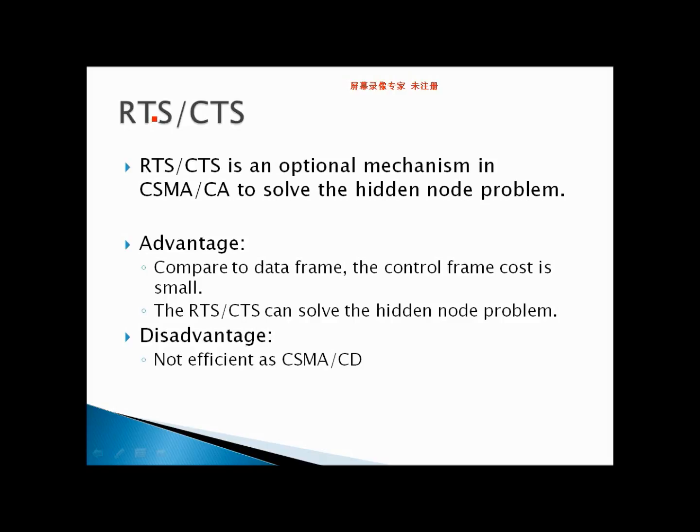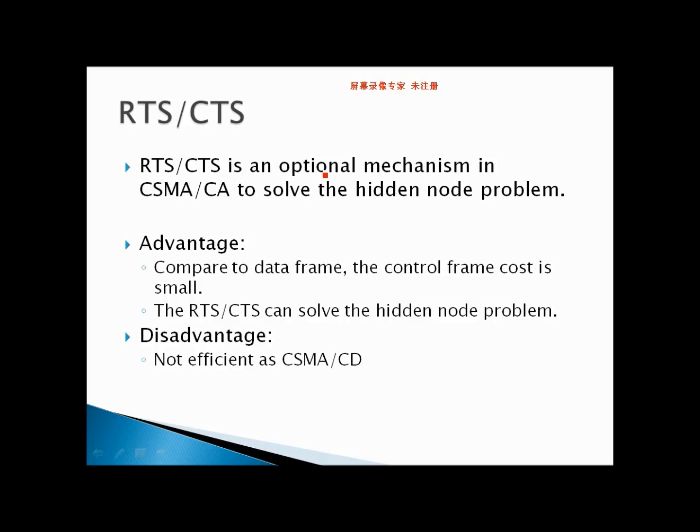But the RTS and the CTS are an optional mechanism in carrier sense multiple access with collision avoidance. This is used to solve the hidden node problem, where the senders cannot hear each other, so they don't know others are sending data to the access point.